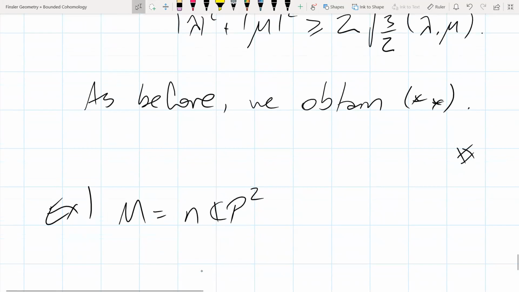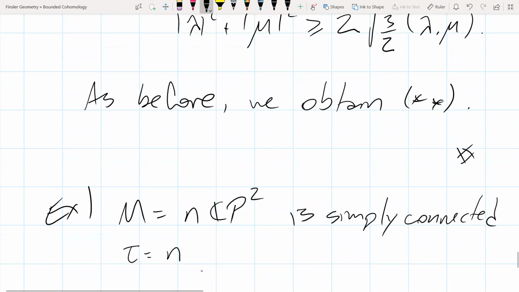This is simply connected. The signature is going to be n. The Euler characteristic is going to be n plus 2.